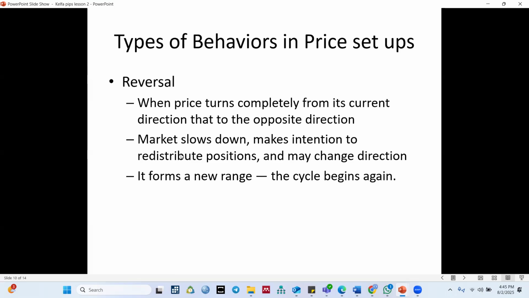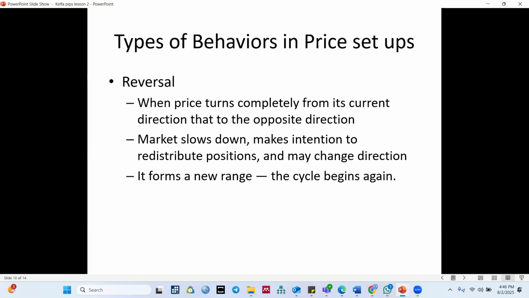The last is reversal. This is when price turns completely from its current direction to go the opposite direction. Before you see that happen, the market will slow down, meaning that it will not be moving impulsively or very quickly again, and it will be making an intention to redistribute the positions, and it may change the direction from there.